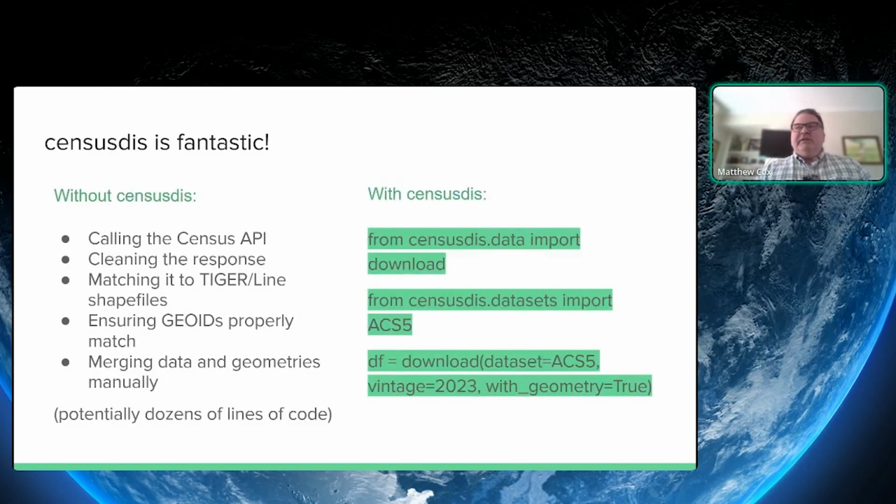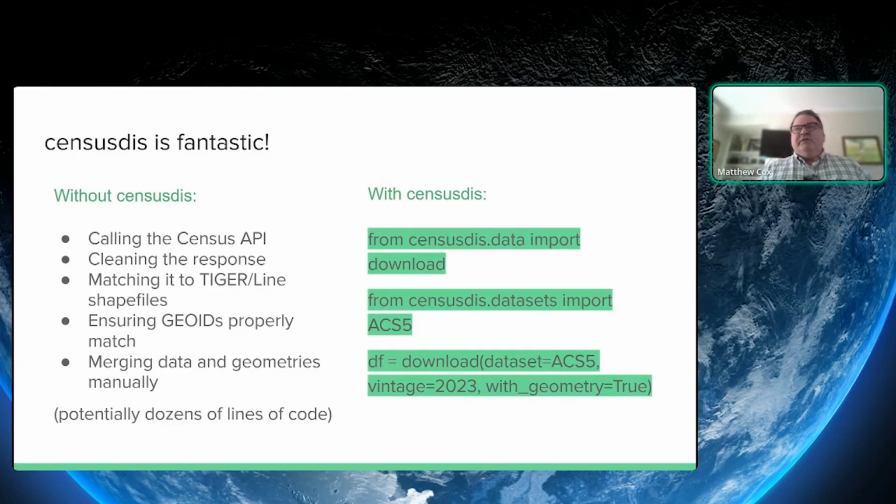Without censusdis, you're calling a Census API with any number of Python tools. The requests package, I'm sure a lot of you have used that before. You're cleaning up the data manually in CSVs or in pandas in the console. You're matching it, hopefully, to shape files that you've downloaded locally.